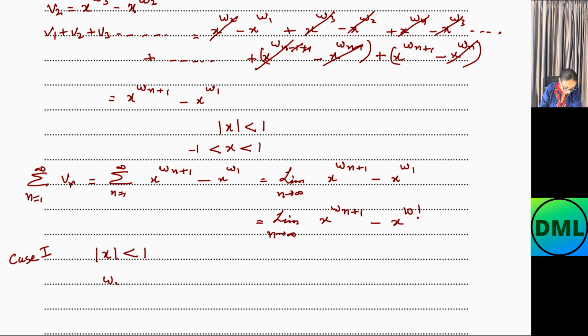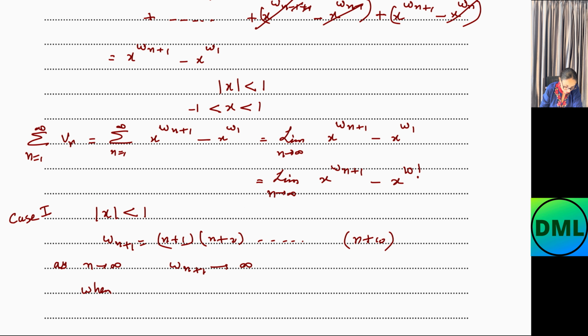We know that wn plus 1 is written as n plus 1 bracket of n plus 2 and so on till n plus 10. As n tends to infinity here, this wn plus 1 also tends to infinity. When mod of x raised to the power k is there, as k tends to infinity, this tends to 0.